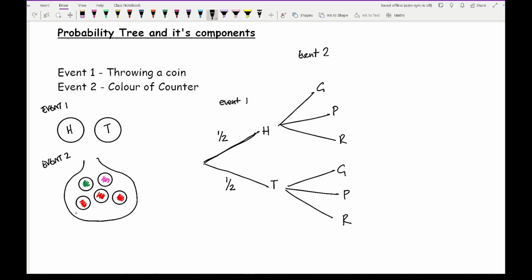Along these, the probabilities are 1/5 for green, 1/5 for pink, and 3/5 for red, and then 1/5, 1/5, and 3/5. And the outcomes are going to be HG, HP, HR, TG, TP, and TR. So you can see how completing the tree diagram would work.